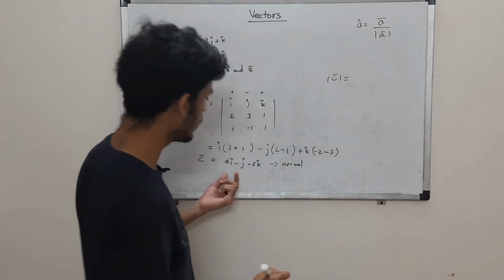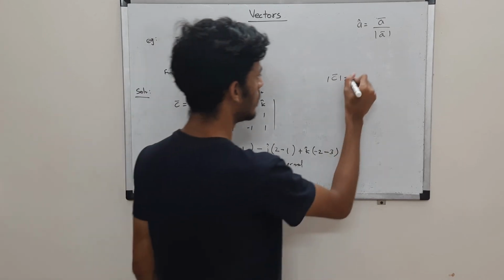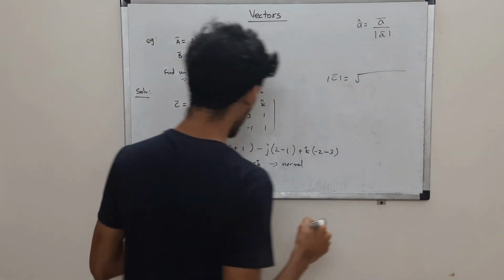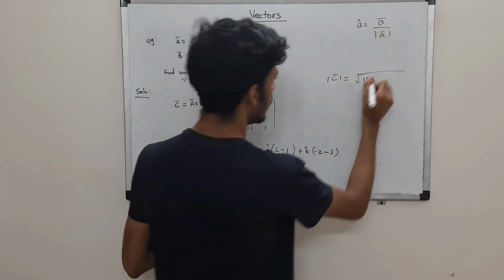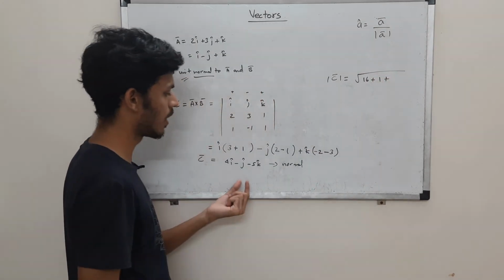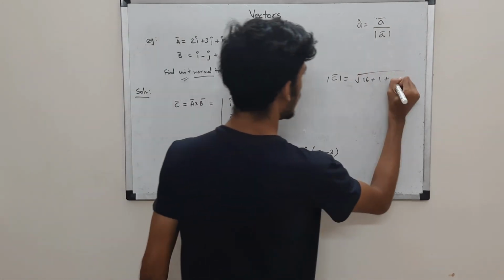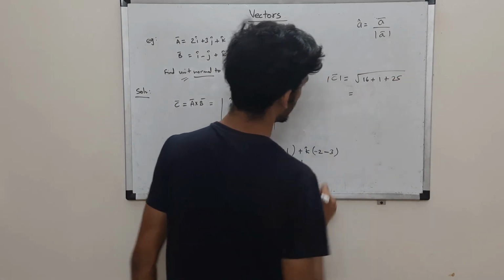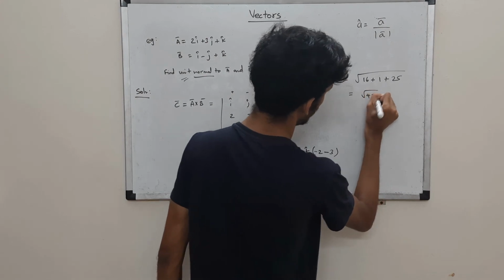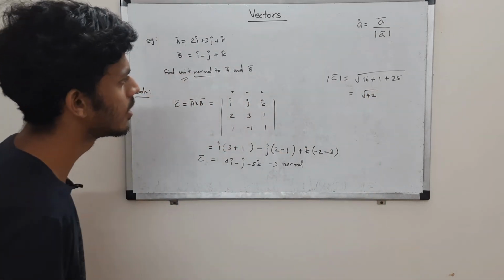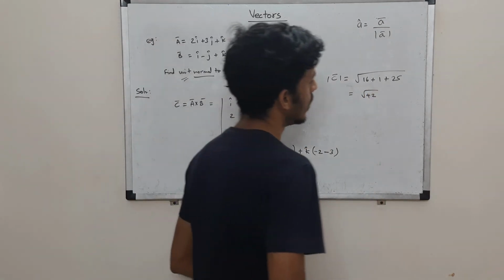When it is in component form, you just add the squares of the components. 4 square 16 plus 1, minus 1 square 1, minus 5 square which is 25. So 25 plus 16 is 41, 42.